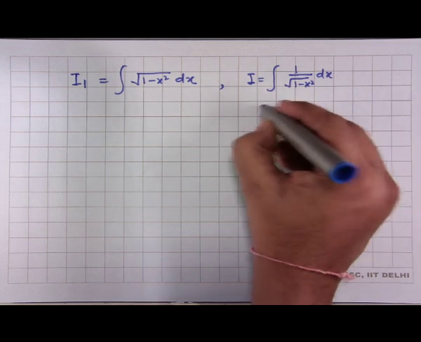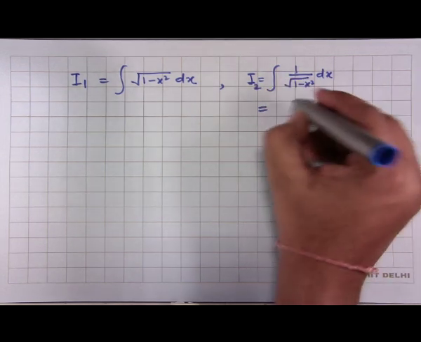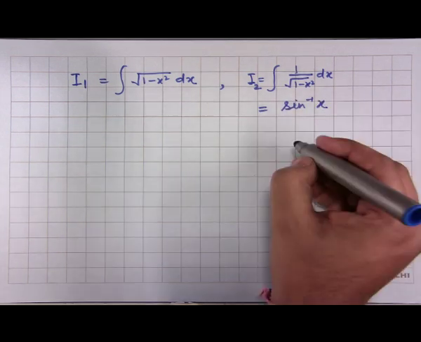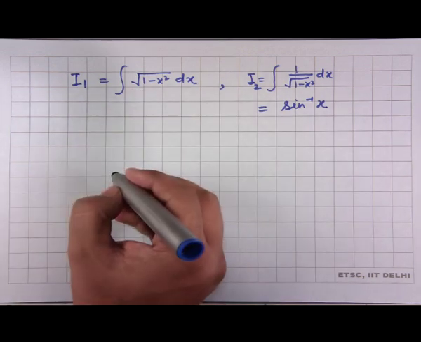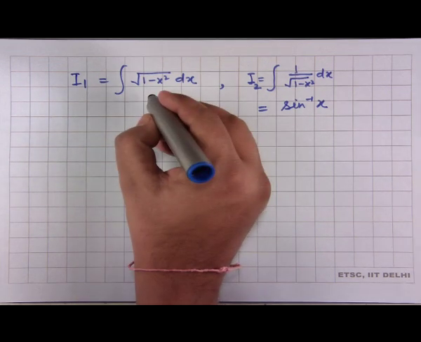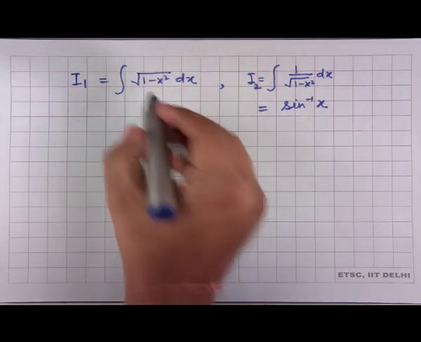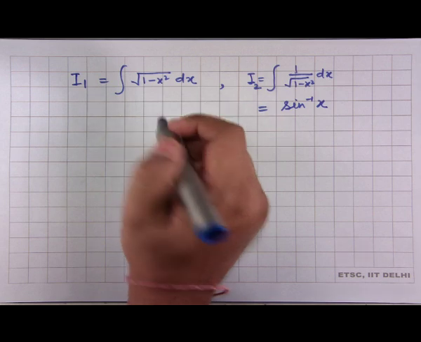We know for the case of I2, this is nothing but sin inverse x. For the case of I1, we may have to go for some trick. This integral we do not know how to evaluate, so we have to think of some substitution.